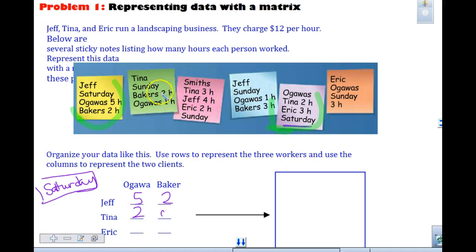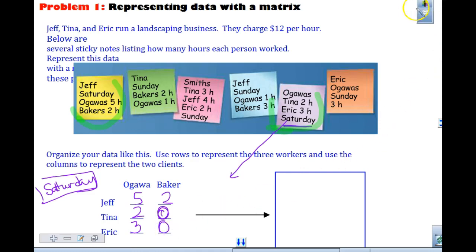This is Sunday, right? Tina's Sunday, Smith's Sunday, Jeff's Sunday. So here, we're going to have 2 and Baker's 0. How about Eric? 3 hours on Saturday. How many at Baker's? 0.